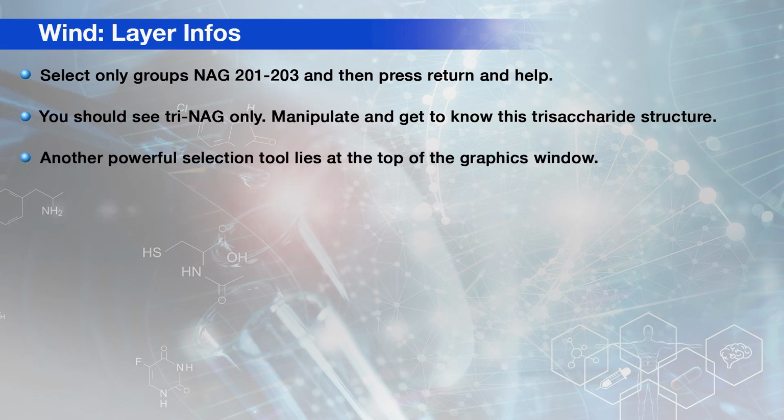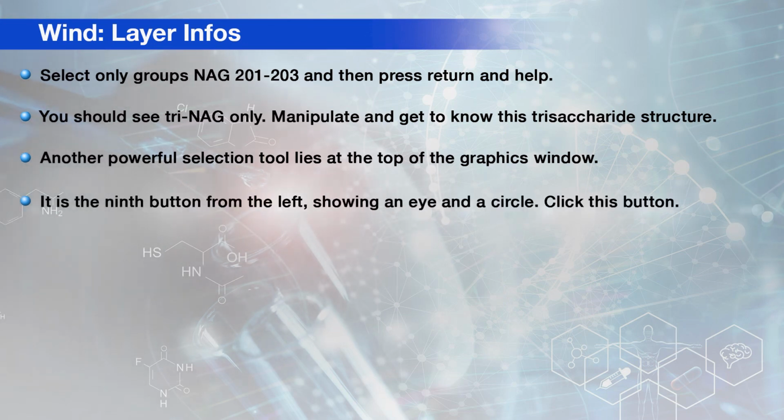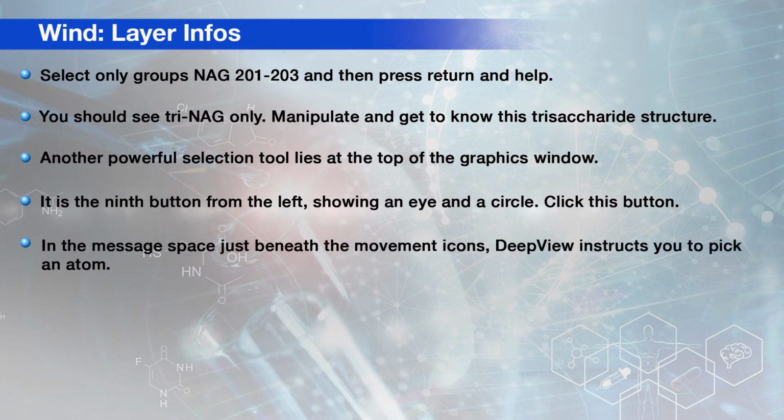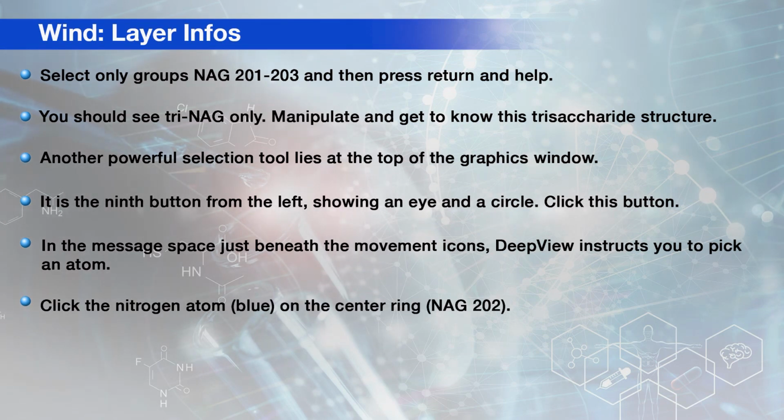Another powerful selection tool lies at the top of the graphics window. It is the 9th button from the left, showing an eye and a circle. Click this button. In the message space just beneath the mouse icons, Deep View instructs you to pick an atom. Click the nitrogen atom, blue, on the center ring NAG 202.